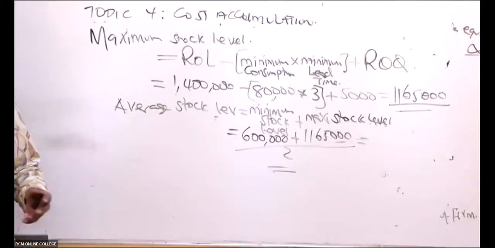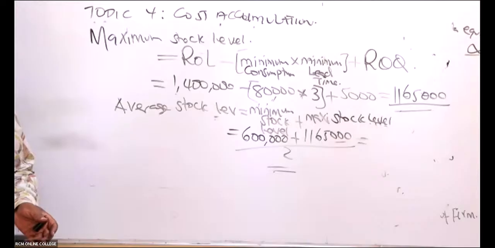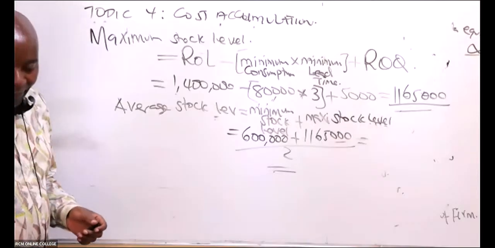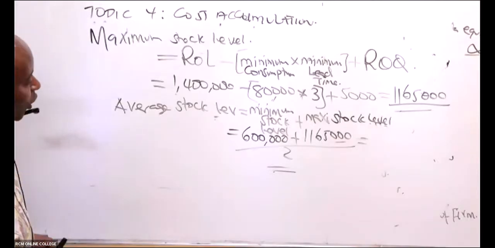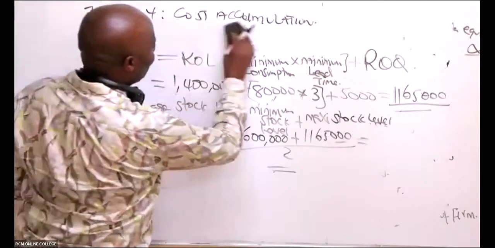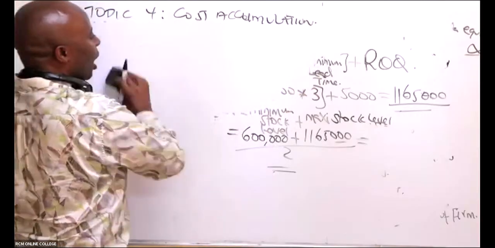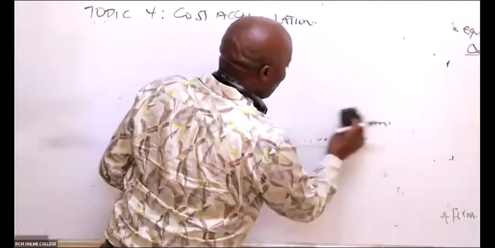Whichever, now you guys have the answer. Ladies and gentlemen, with your permission, I'll go to the next part. The next part of this is what we call the economic order quantity.